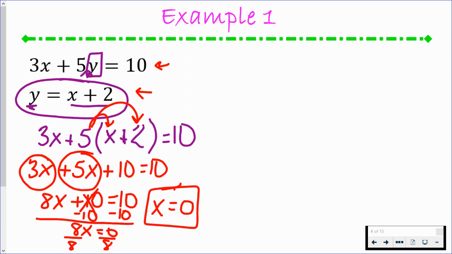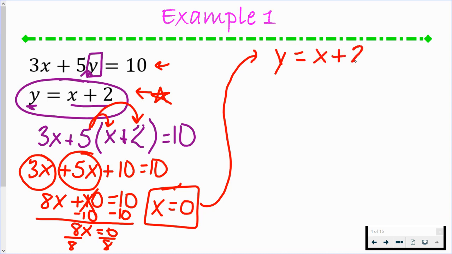So hopefully you're looking at the second one and thinking, that looks a lot easier to plug x into. It's y equals x plus 2. Now I'm going to plug in 0 for x. So y equals 0 plus 2, and 0 plus 2 is 2.